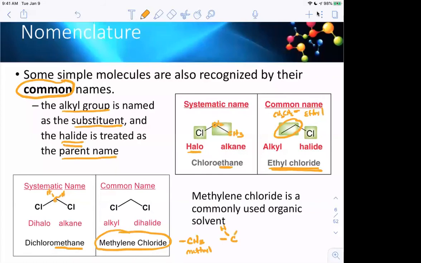This is called a methylene group. And then this is called a methyne. So I will be referring, that methylene carbon is the one that's doing this.